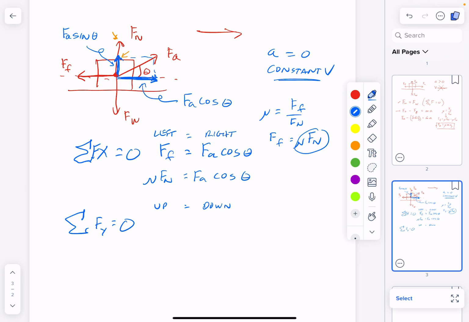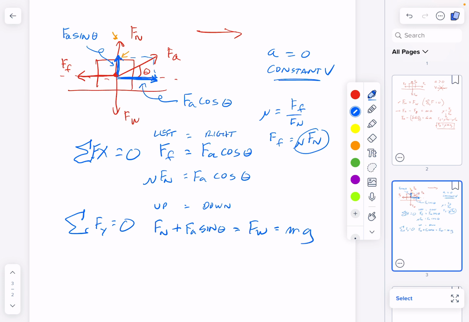Or in other words, the summation of the forces equals 0 in each of our two dimensions. So my up forces, there are two of them. We have my F sub n, and we also have the Fa sine theta, the vertical component of my applied force. The down force is F sub w. And F sub w equals mg.